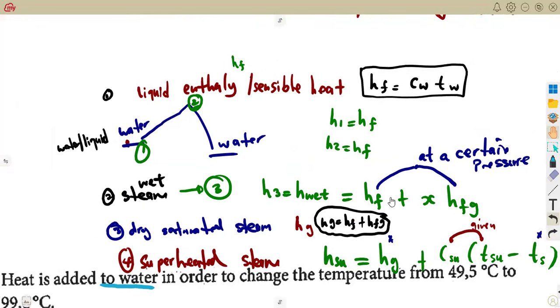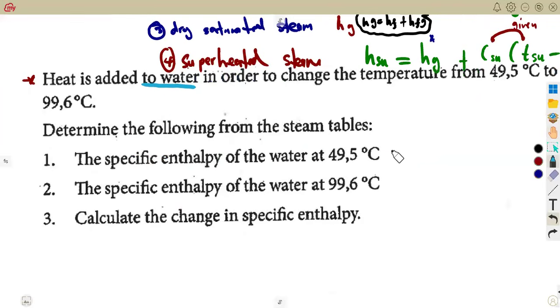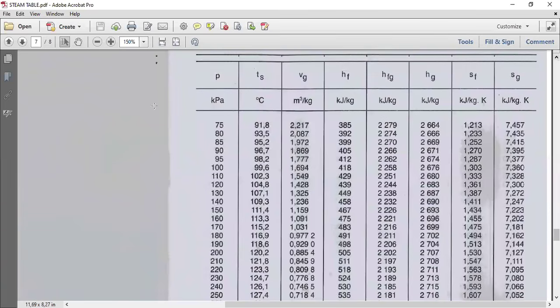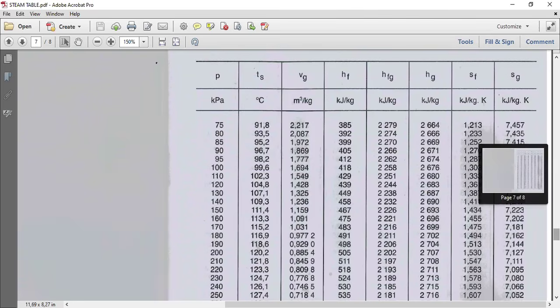So we are simply determining H1 and H2, where H1 equals Hf at the temperature that we are given, 49.5, from our steam tables. I want you to get your steam table. If you consider your steam table, you are going to notice under the temperature, because the temperature is the one that you need, 49.5.